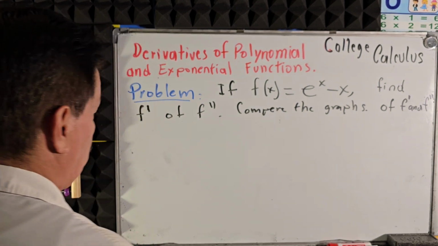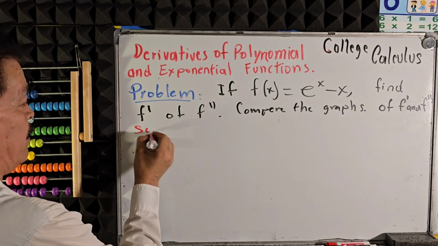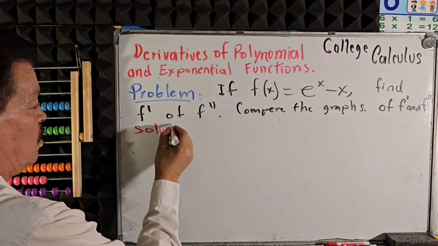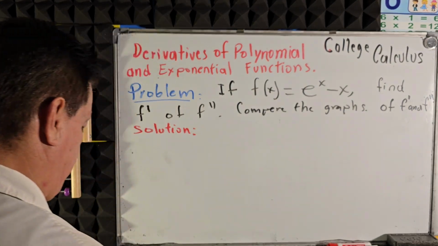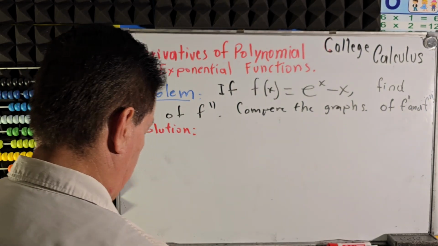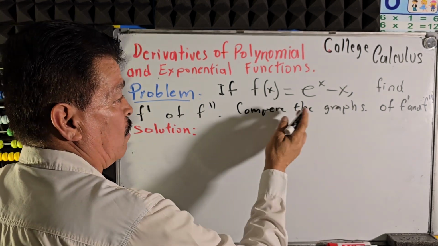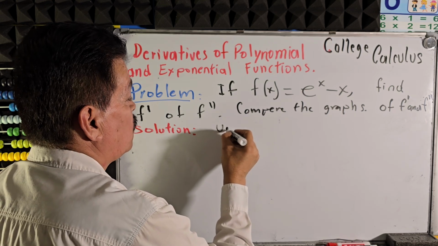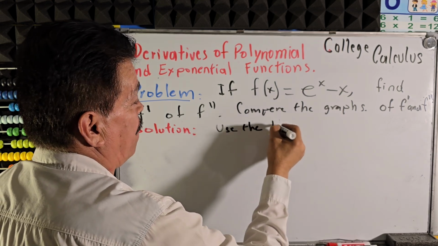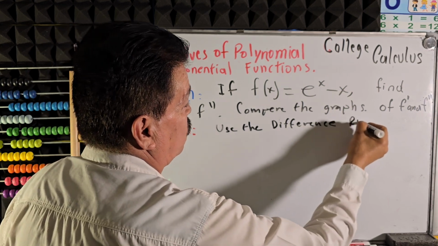So okay, the solution, let me write the solution right here. It's very simple, no problems. Here, of course, we have to use the sign right here, the difference rule.